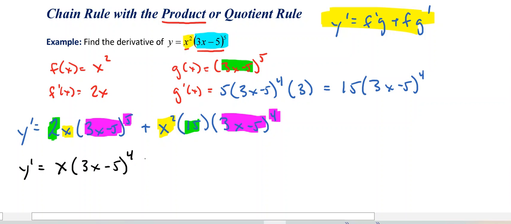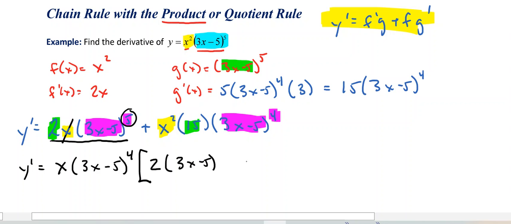Then what is left behind that goes in the parentheses or brackets is what's left over. So from this term, I took out the x, I did not take out the 2, and I took out 4 of these 5. So I have 1 power of 3x minus 5 left over.